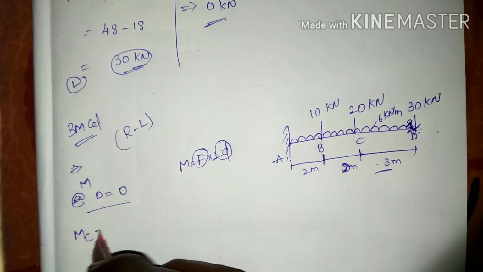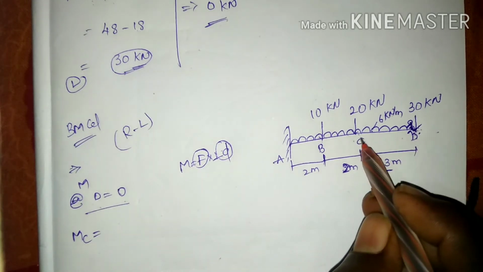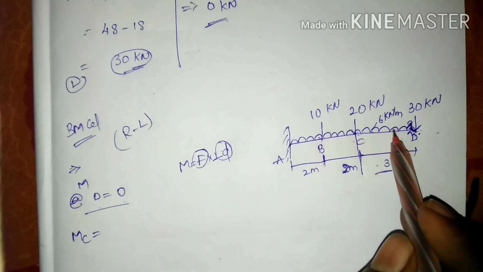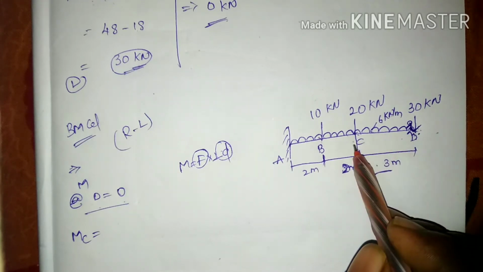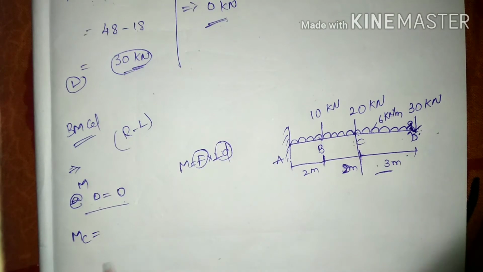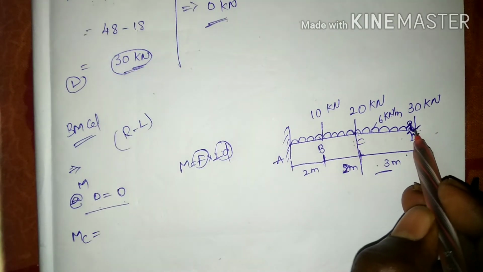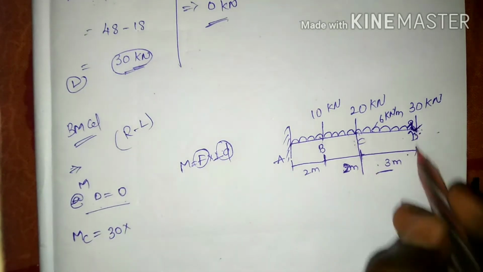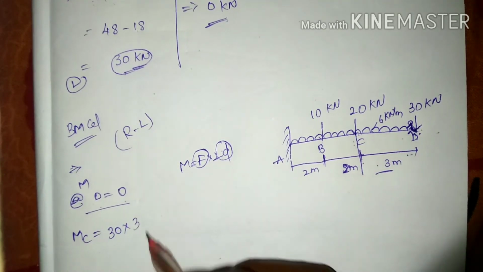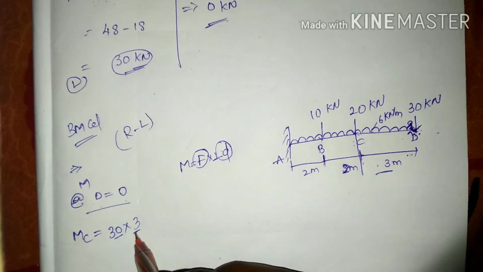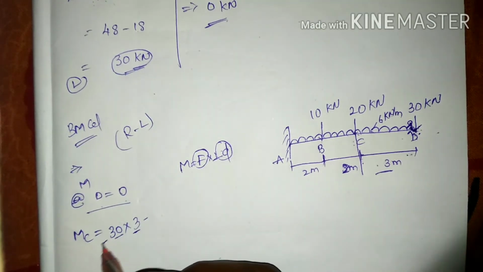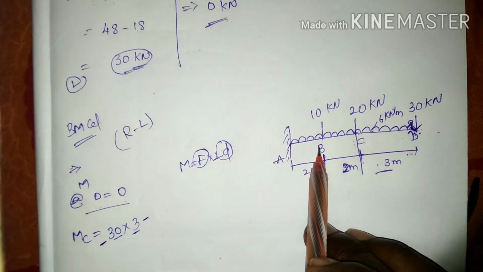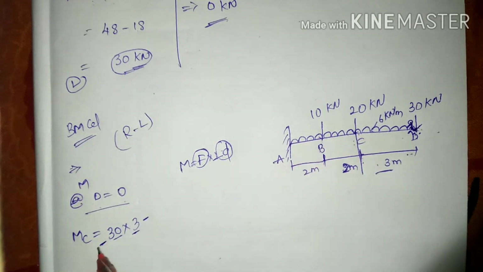Then the moment about C. We are taking only the moment about C, so consider all loads on the right of C at a distance of 3 meters. Here we have a load of 30, so 30 into the distance 3 meters, force into perpendicular distance, and this is negative because the cantilever is taking hogging moment.